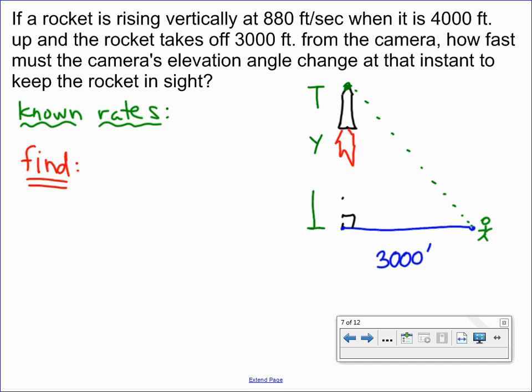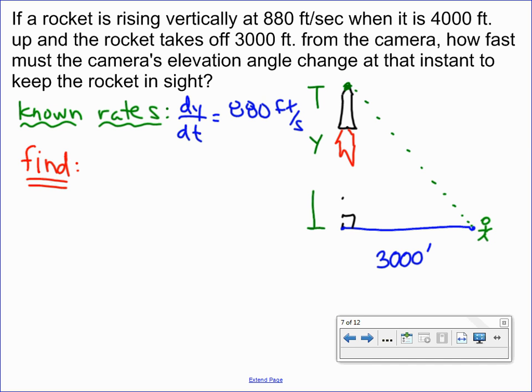Okay, so based on our picture, what are our known rates with Leibniz notation? We know dy dt. And what does dy dt equal? 880 feet. Awesome. So dy dt equals 880 feet per second. So that's the rocket rising at a rate of 880 feet per second.